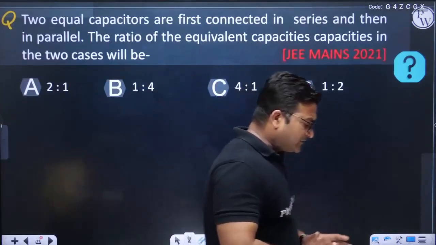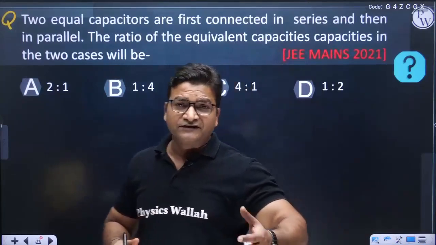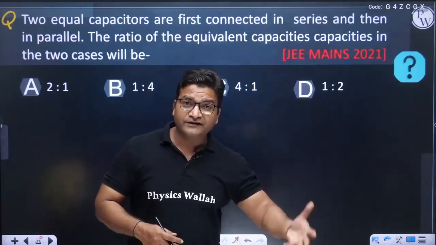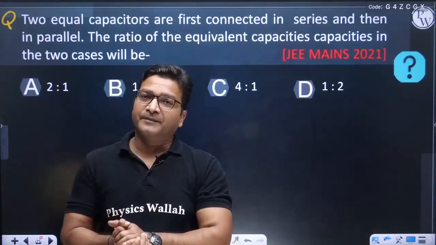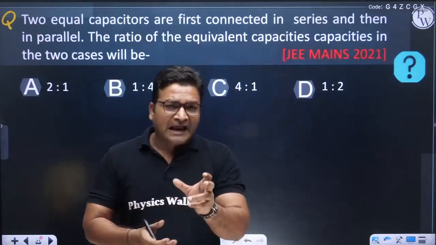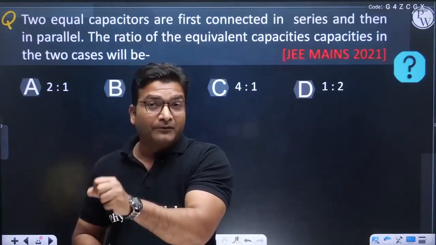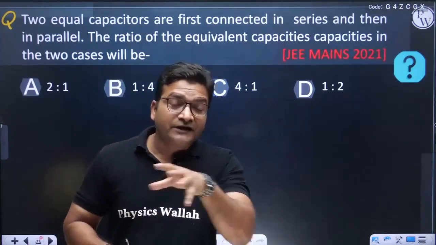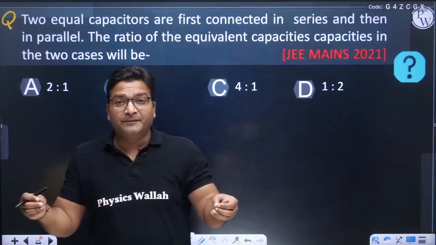Remember this point, that the formula we use for series combination of capacitors is similar to the one used for parallel combination of resistances, and the formula for parallel combination of capacitors is similar to the one for series combination of resistances.